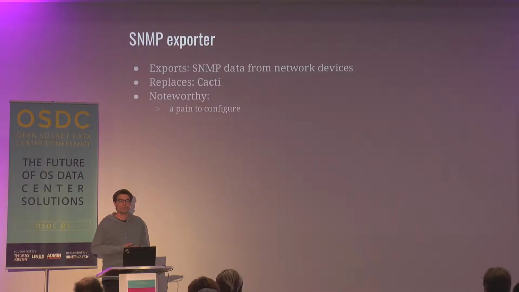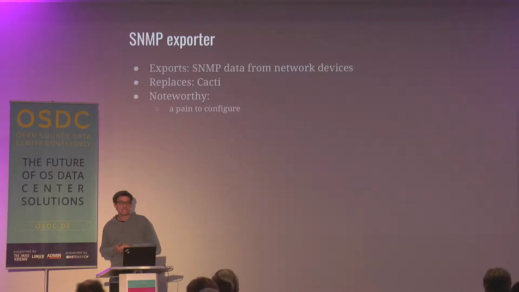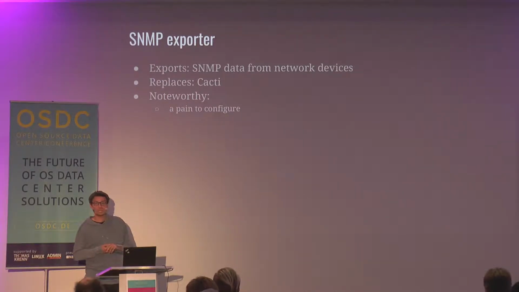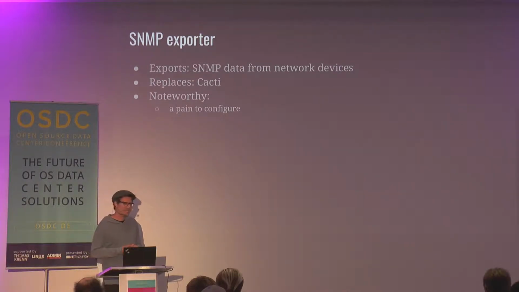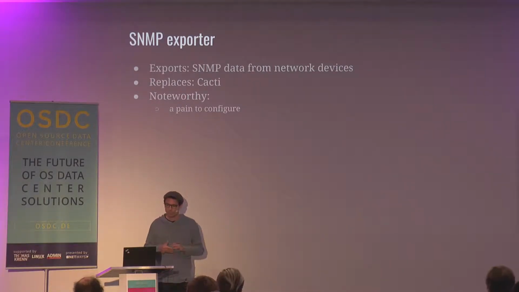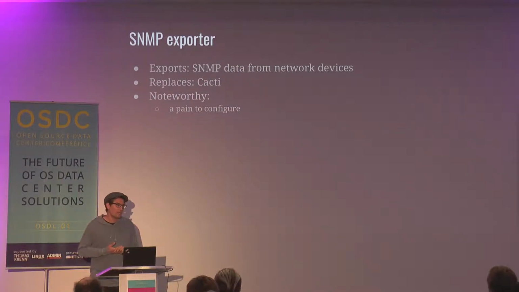The next exporter, the SNMP exporter, also already mentioned that in one of the examples. What it does is use SNMP to monitor all your network devices, and for us, that mostly replaced what we were using Cacti for. What's noteworthy about it is it's somewhat of a pain to configure, but I have to point out this is not the exporter's fault, of course, but more SNMP's fault.